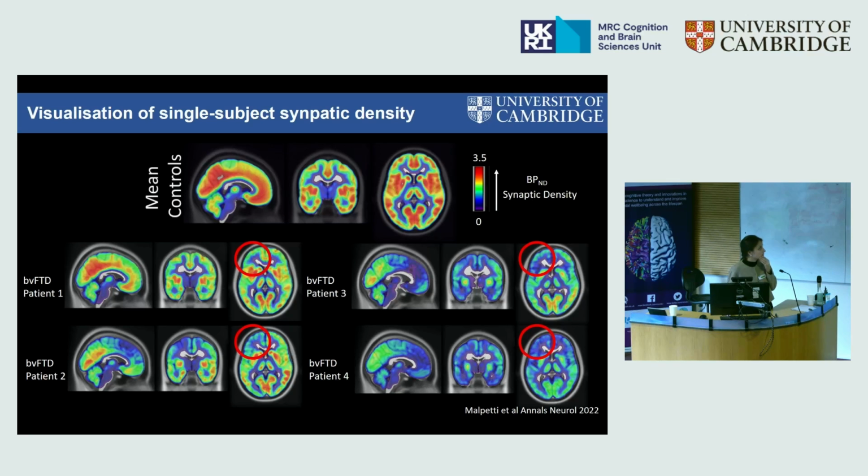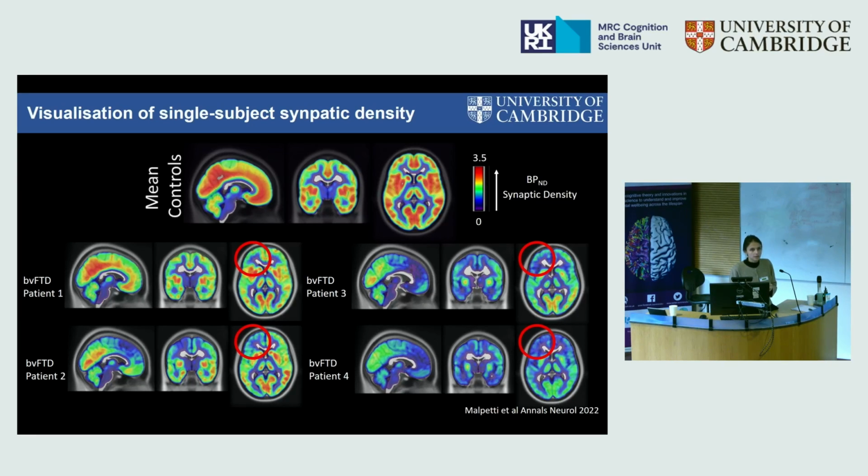This is an example of 4 patients that we recruited in our study with the behavioral variant of frontotemporal dementia. Across the different patients, there is also different severity in terms of synaptic density. As you can see, patient 1 is quite healthy, let's say, because they still have a lot of orange and red regions, while other patients show a bit more blue.